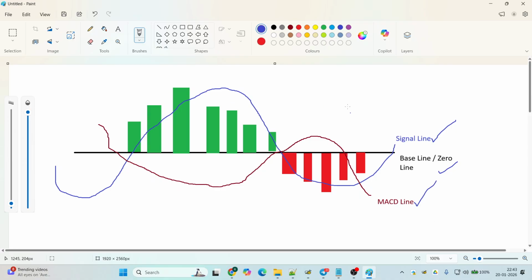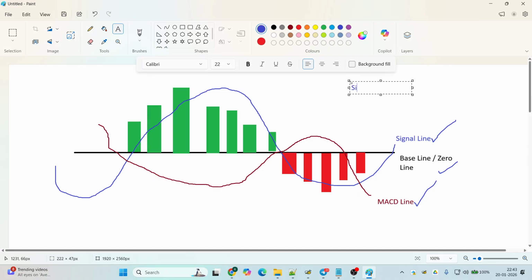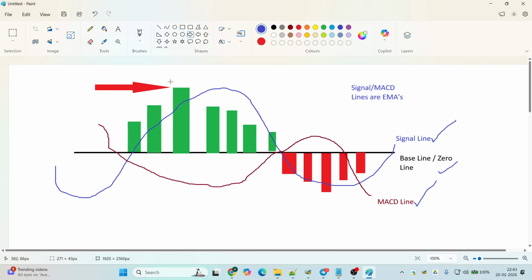The signal and MACD lines are EMAs, that's it, guys, nothing else. And these boxes that you can see are called the MACD histogram.